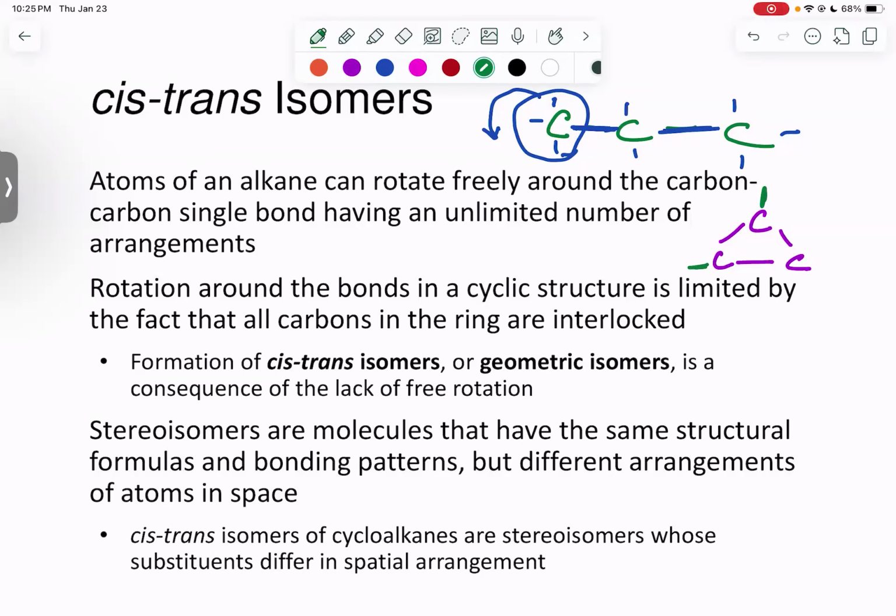Well, the question is, this ring is in one particular plane, and the substituents aren't going to be in the same plane. They're either going to be above the ring or they're going to be below the ring. And so you have to be able to say, even though it would get exactly the same name, you have to explain that different arrangement of atoms in space.